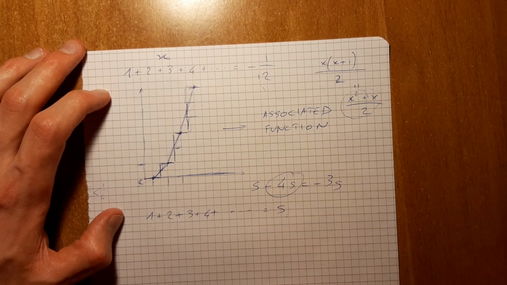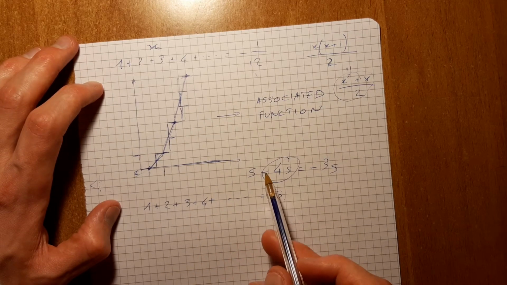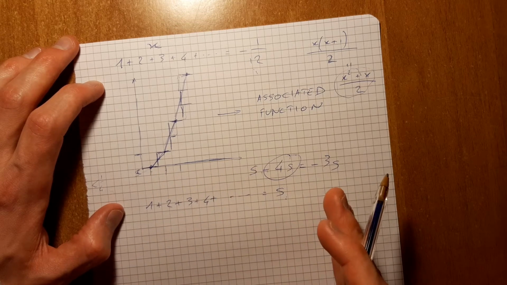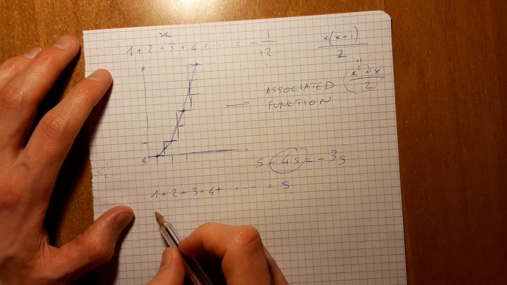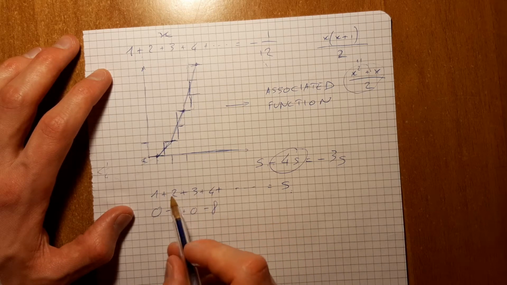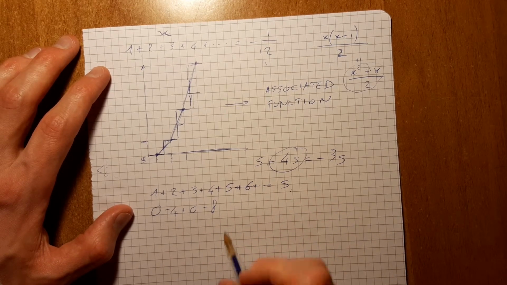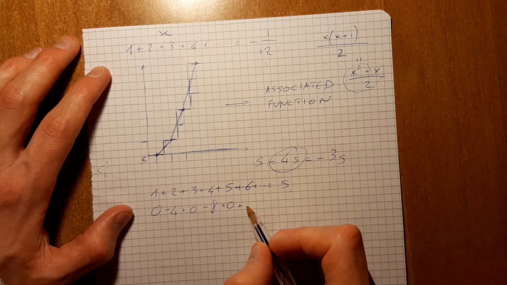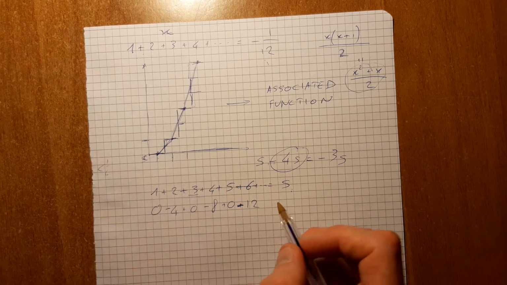But this series, which will be 4 times, but with all terms negative, we will dilate the terms by a factor of 2, starting with 0. So 0 minus 4 plus 0 minus 8, because 2 times 4 is 8. I'm adding this to be more clear. Plus 0, plus this is minus 12, because 3 times 4 is 12, minus 12, and so on.